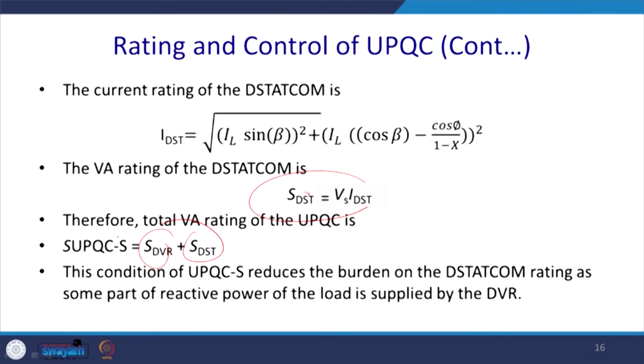This computation in the UPQC-S reduces the burden of the D-STATCOM rating, as some portion of the reactive power of the load is supplied by the DVR, and active power of the load is also supplied by the DVR.